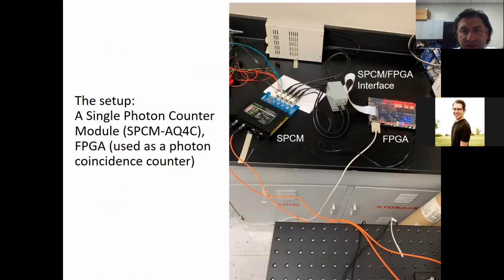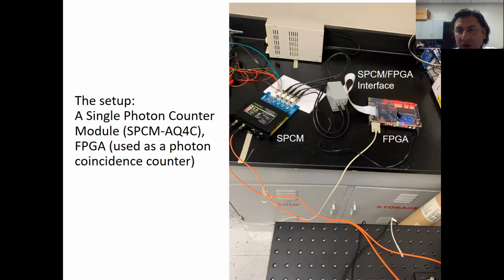And then there is a single photon counting module, which is counting how many photons you're getting. Okay, and there's an interface box that goes to the FPGA circuit, which counts and finds the coincidences of the photons.